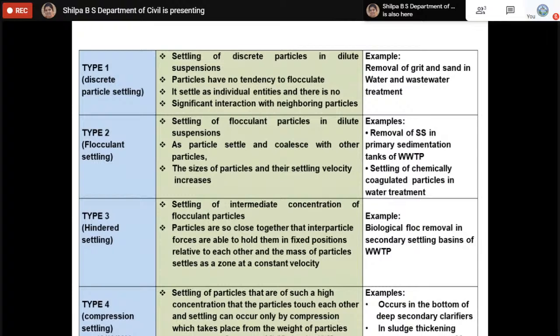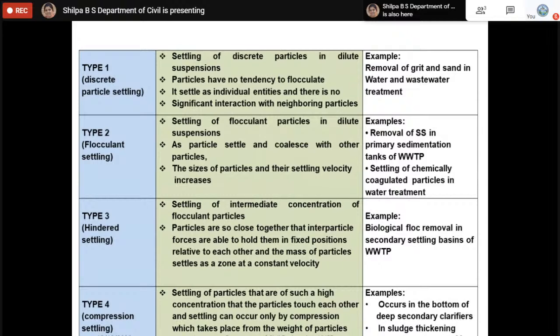As I told you, type 1 is discrete particle settling, where discrete particles are present in a dilute suspension, whereas in type 2, flocculent settling, flocculent particles are present in a dilute suspension, and the particles come closer or coalesce with each other.